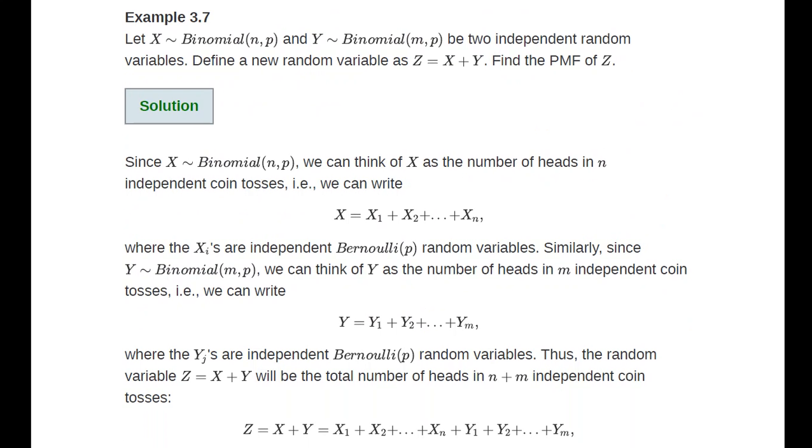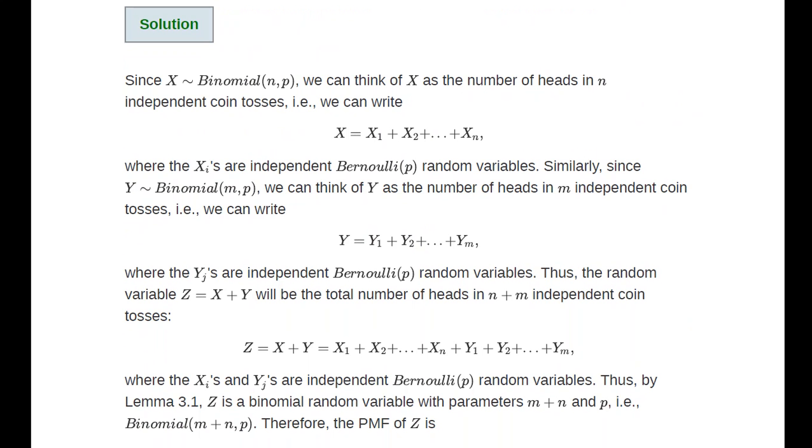Since X is distributed as Binomial(n, p), we can think of X as the number of heads in n independent coin tosses. We can write X equal X1 plus X2 until Xn, where the Xi's are independent Bernoulli(p) random variables.